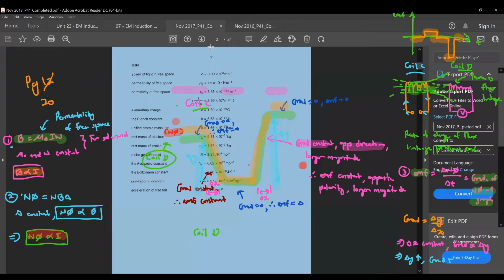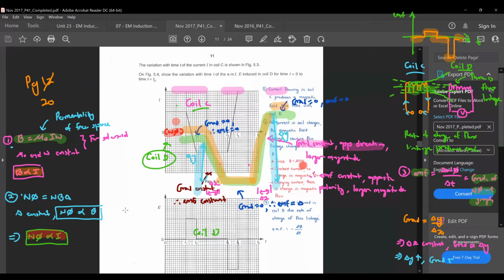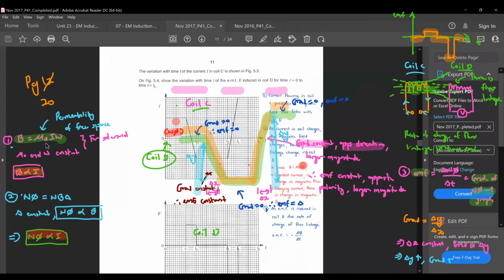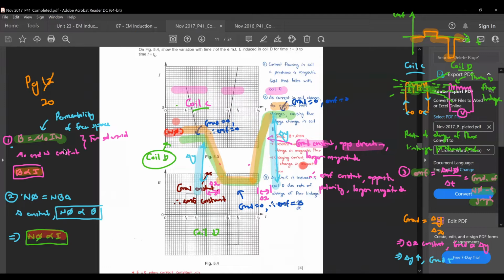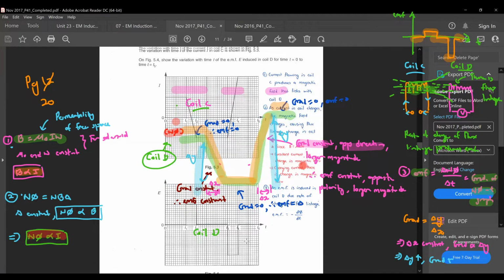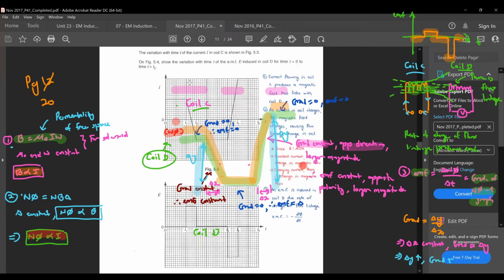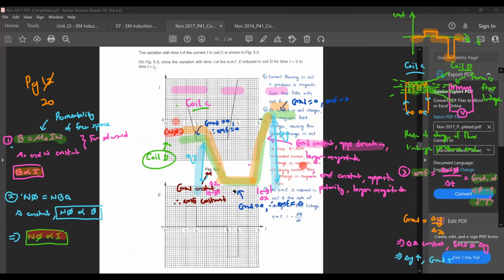Right. Do you need to explain what I just wrote on the board here? No need to. The ones that I just wrote on the sides of the screen right now, you are not required to write them all out to explain. All you need to do is to draw the graph shape, which basically looks like this one here.